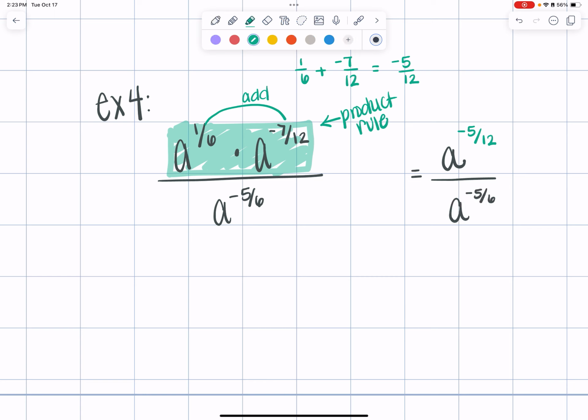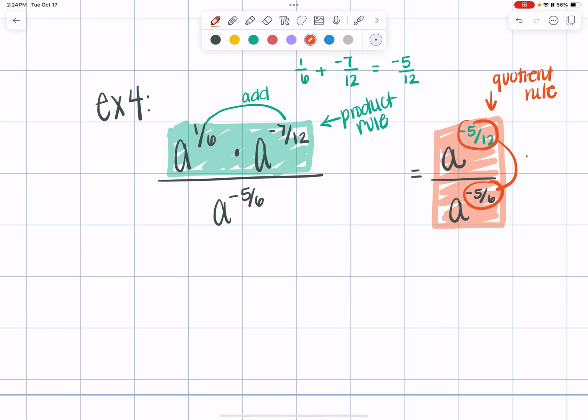And then the last thing I'm going to do is my quotient rule, which says that you are going to subtract your exponents. So I'm going to have negative 5/12 minus negative 5/6.